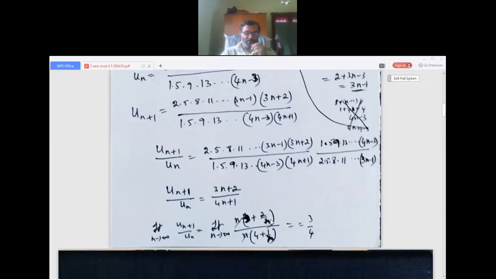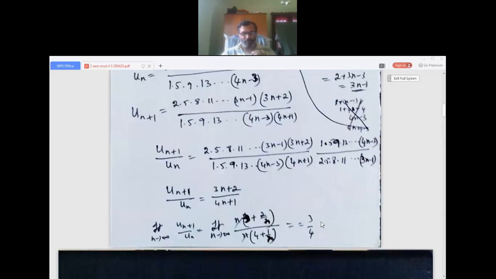It will be 3 plus 2 by n divided by, with n outside, 4 plus 1 by n. So n and n get cancelled. N tends to infinity, 2 by infinity is 0, 1 by infinity is 0, so 3 by 4. So limit n tends to infinity, un plus 1 divided by un is equal to 3 by 4.